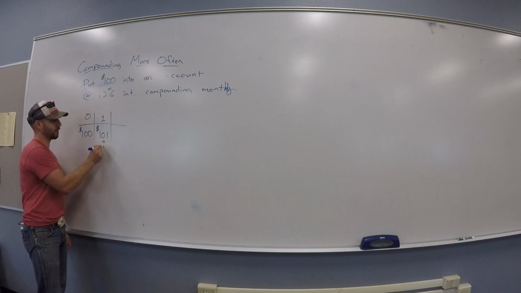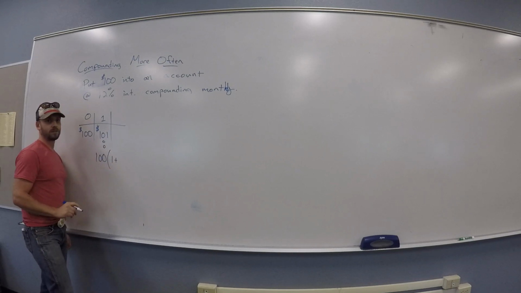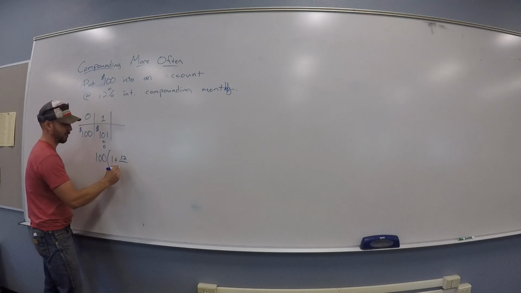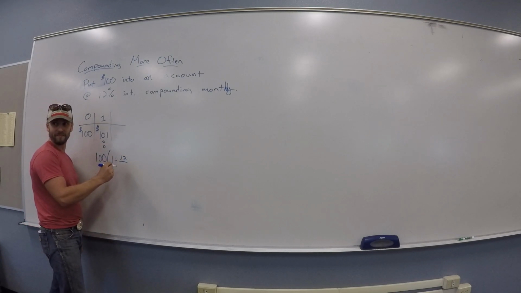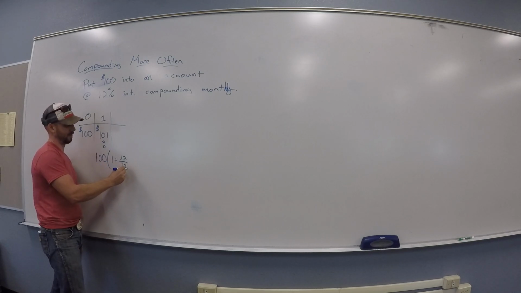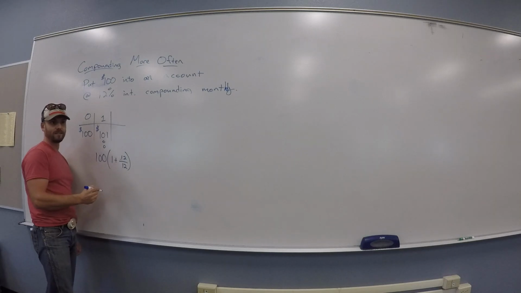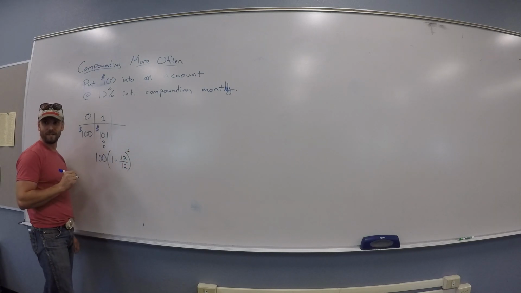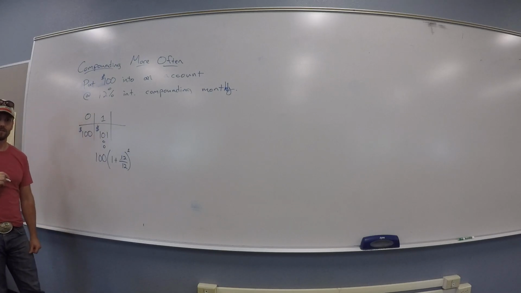The way I'm thinking about that is 100 times 1 plus 0.12 divided by 12, and then I'm raising that to the first power. So 1.01.